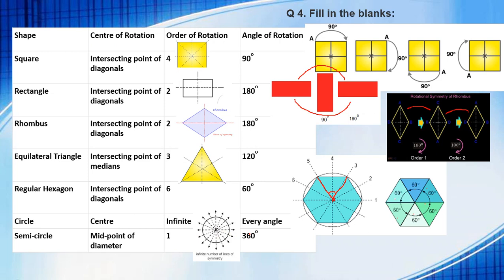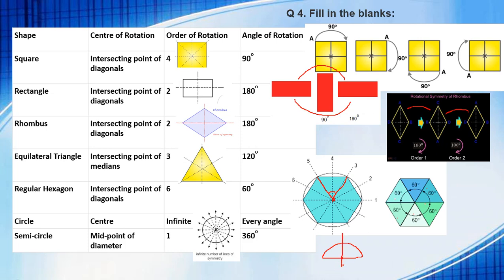Now when we consider a semicircle, the semicircle will have the diameter. So when we take the figure of the semicircle, it will look like this. Okay, so we can say whatever the midpoint of the diameter is will be the center of rotation. Now the number of lines of symmetry when we draw on a semicircle, we can draw like this.